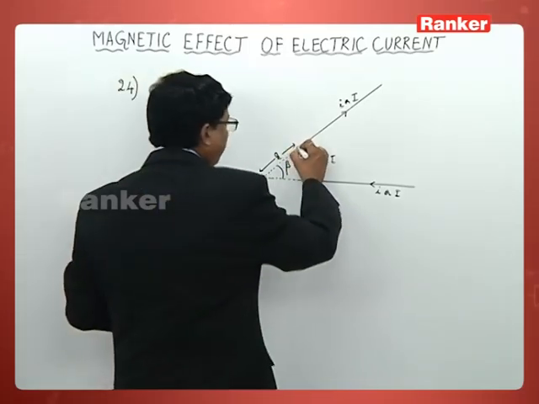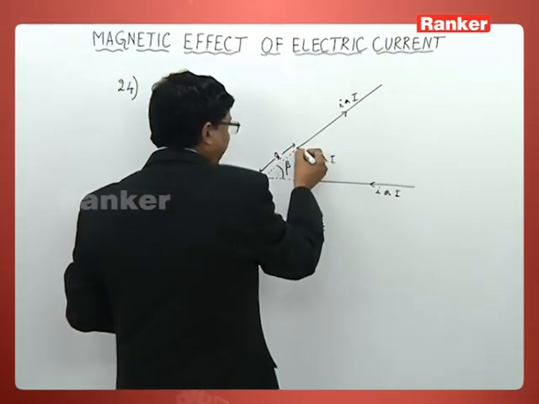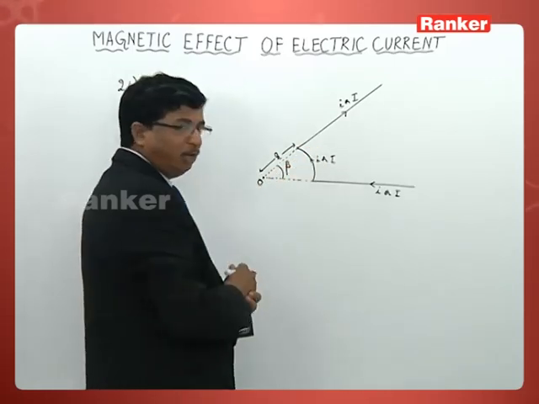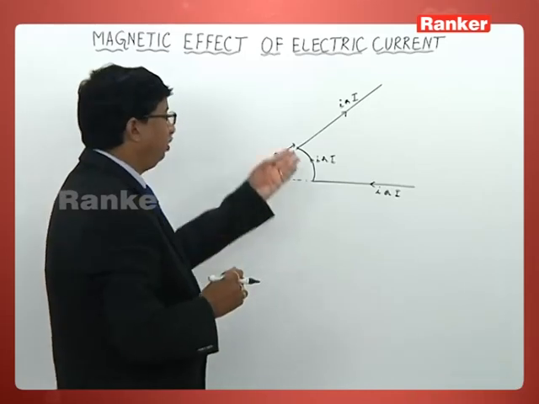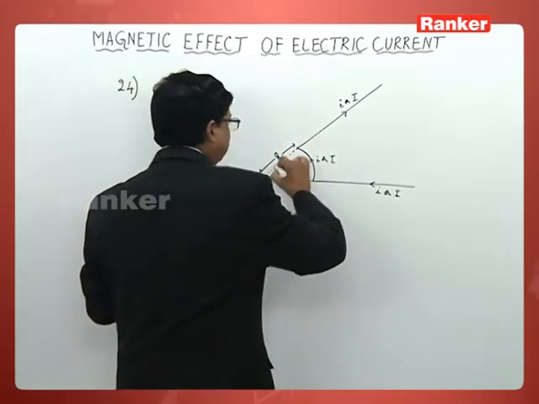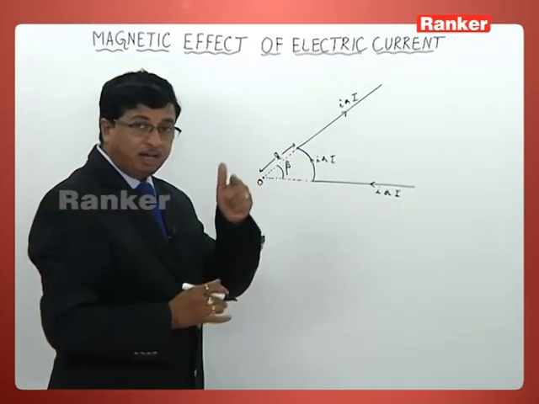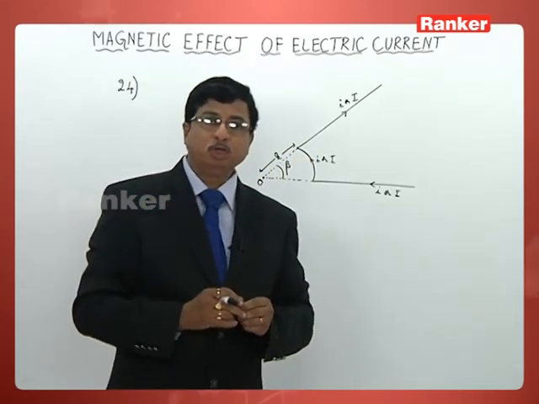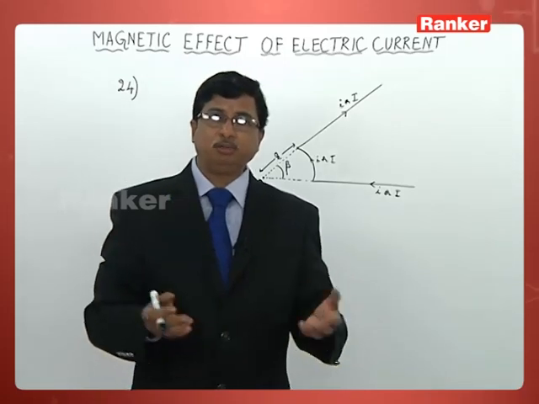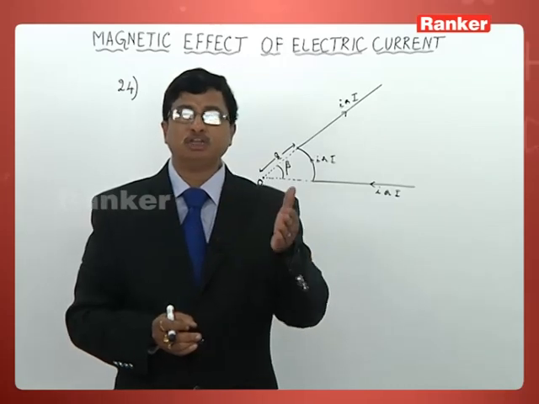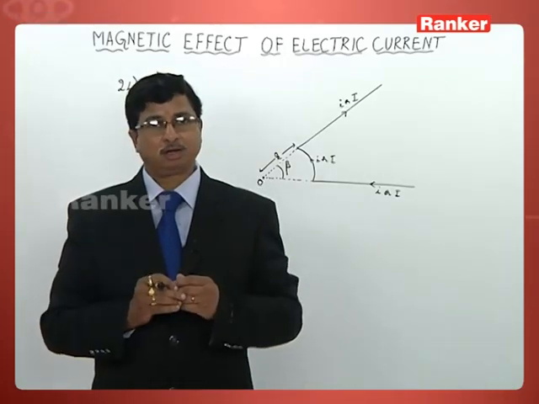What about this part of the conductor now? Again, when you extend it, it comes and touches the point O only. So what can you understand? The point lies again on the conductor, which means that also can never produce any magnetic field over there.